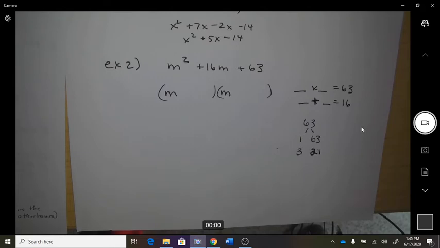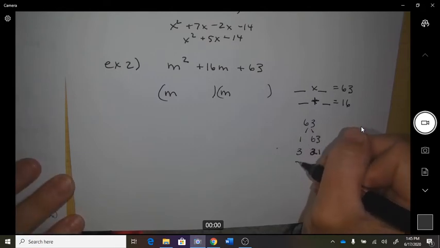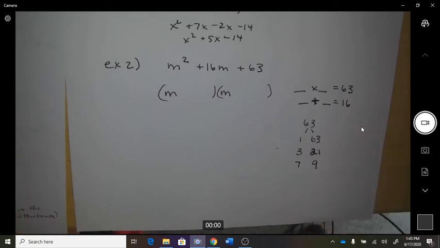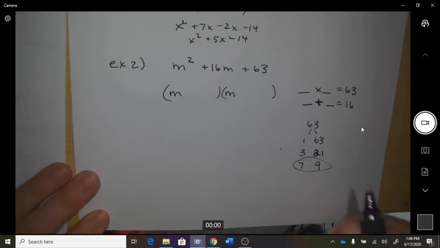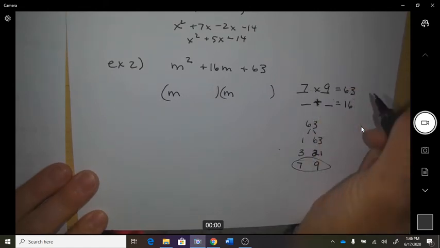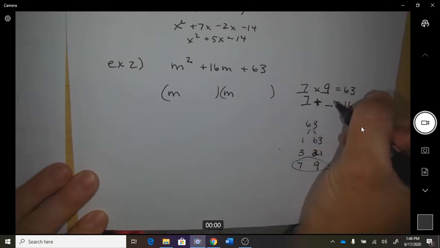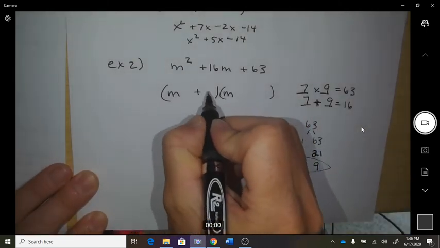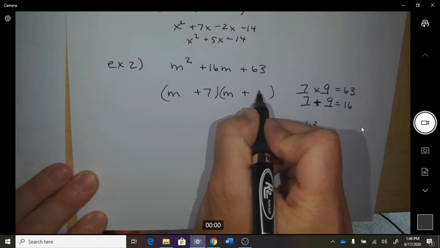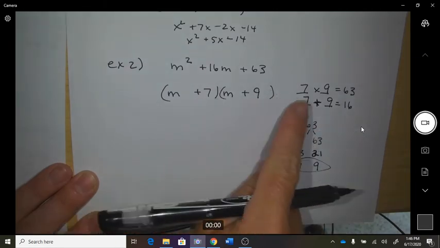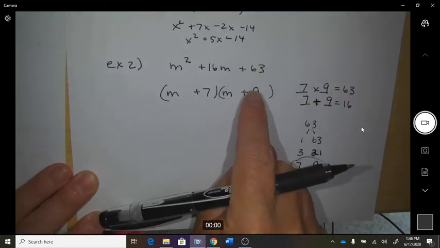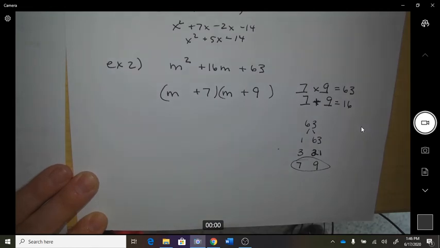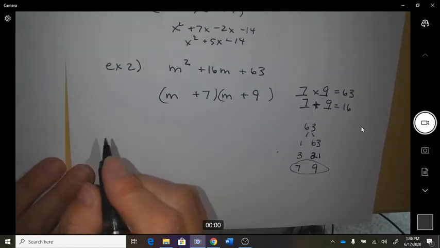What's next? It's divisible by 7, and then I can get 16 from that. So 7 times 9 is 63, and 7 plus 9 is 16. So they're both going to be positive to multiply to positive 63 and add to positive 16.